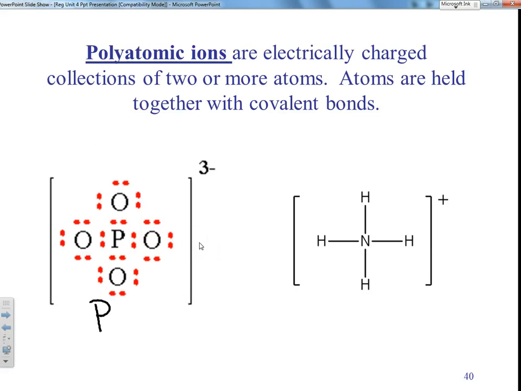We would write its molecular formula as PO4 3-, and it involves a phosphorus atom covalently bonded to 4 oxygen atoms, but the entire compound has a charge of -3. This here is called the ammonium ion, NH4+, and it involves nitrogen covalently bonded to 4 hydrogen atoms, and the entire compound has a charge of +1.